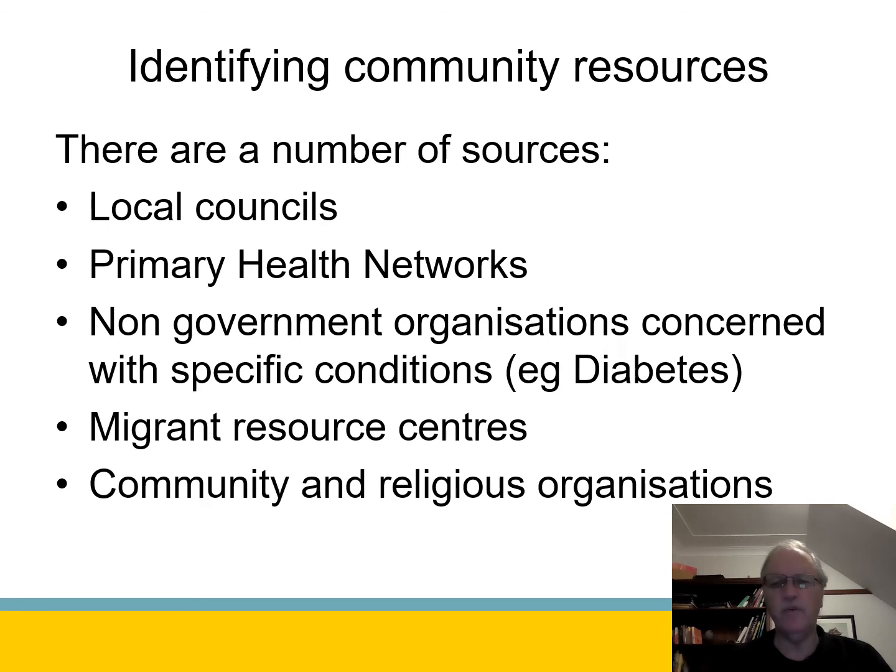Primary health networks also have a directory of community organisations and services. Some non-government organisations concerned with specific conditions also provide information on state and local programs and services. For example, Diabetes Australia and the National Heart Foundation all have information on local activities and programs.